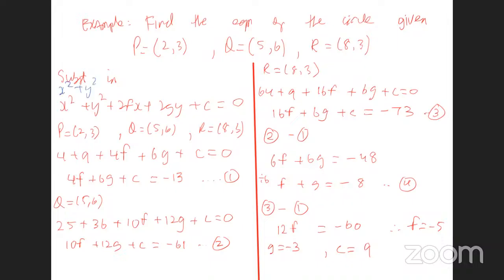X squared plus Y squared plus 2fx, so that'll be minus 10x minus 6y plus 9 is 0.